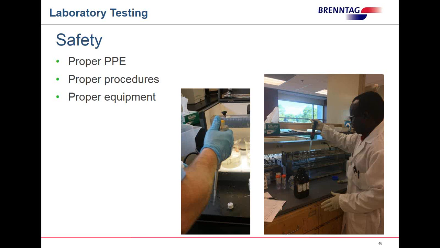Some test methods also require mercuric sulfate solution, so precautions should be taken to eliminate mercury exposure to the analyst and the associated equipment. In this slide, I believe in the first one, the analyst is actually working underneath the hood. So use proper precautions such as working underneath the hood or whatever is prescribed when you're handling these products.